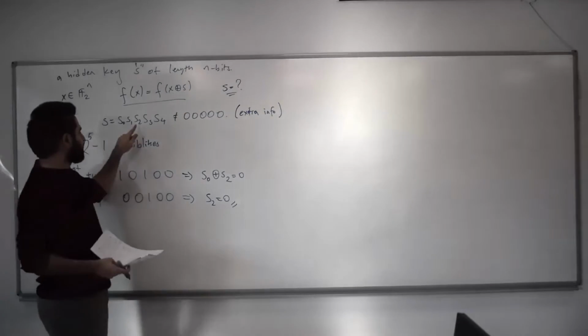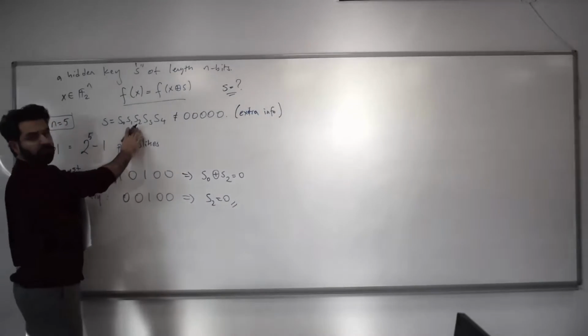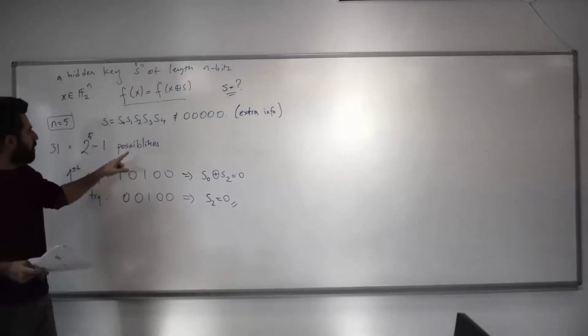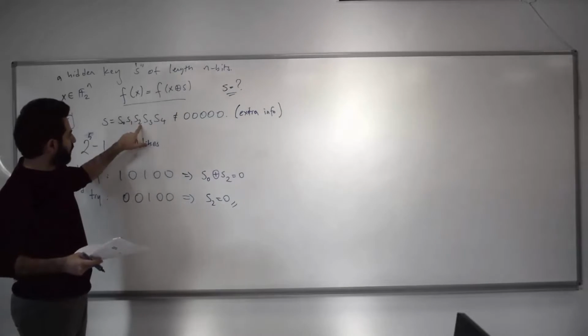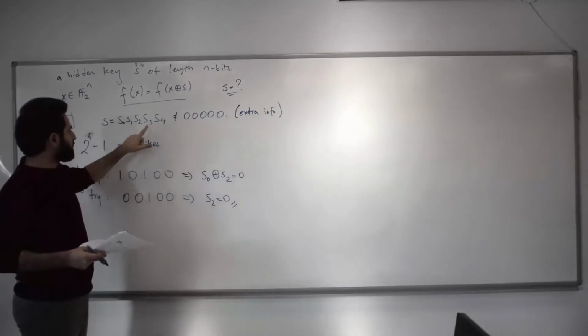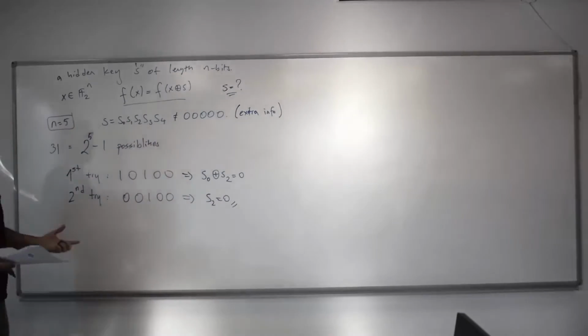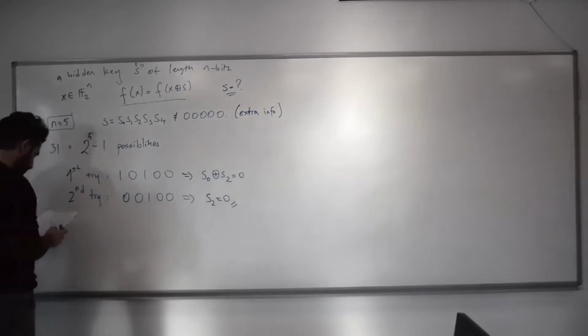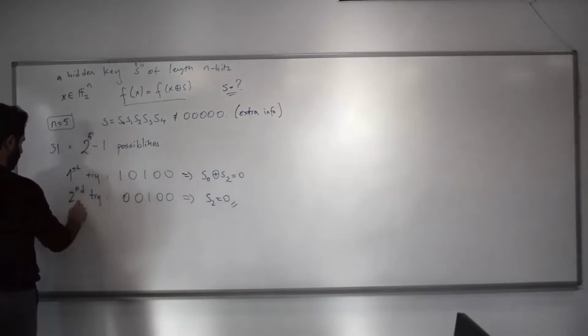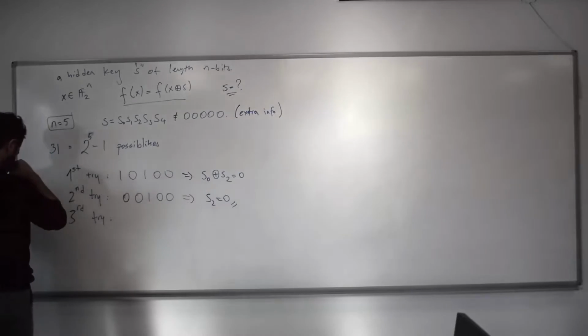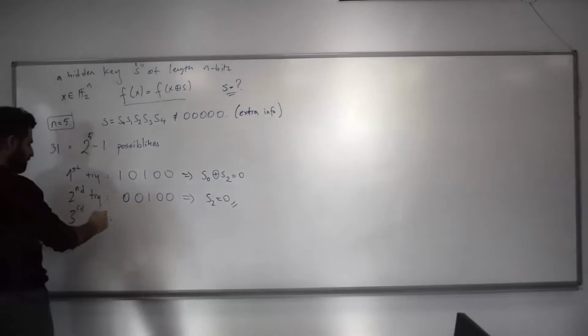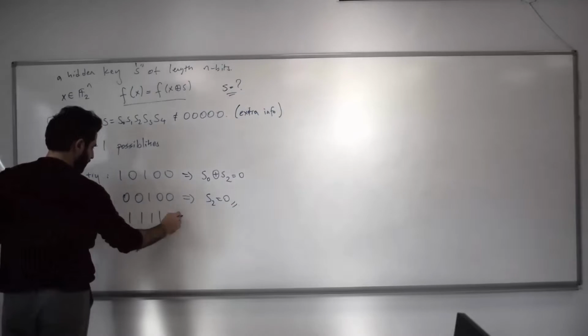Since S2 is now found, which is 0, and we know that S0 XOR S2 is 0, S0 is also 0. Good. How about S1 and S4? Can't say anything about them at this point. So let's give it the third try. In the third try, let us suppose we have 1, 1, 1, 1, 0.